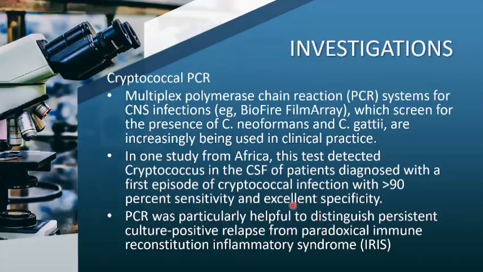What's happening in this case is it depends on the level of the crypto, right? Sometimes the CrAg may not actually test positive, but this one has excellent sensitivity, right? And PCR was particularly helpful to distinguish persistent culture-positive relapse from paradoxical IRIS. There are two types of IRIS, right?